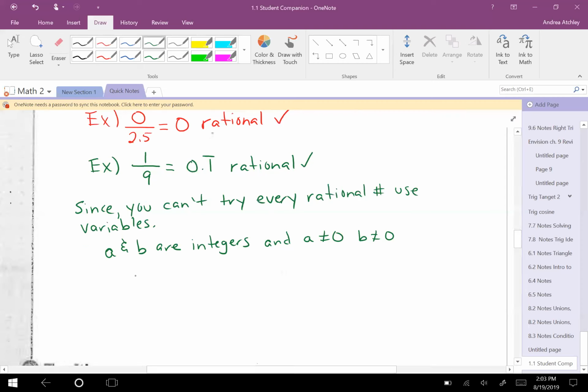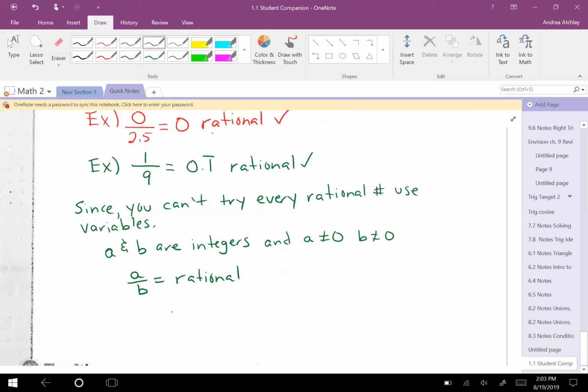So then we say A divided by B, does that equal a rational number? Yes, it is. Okay. A rational number is two integers divided by themselves, right? And that's what a rational number is. So this is rational. This also means that rational numbers are closed under the operation of division.